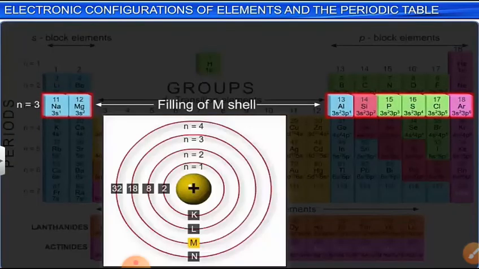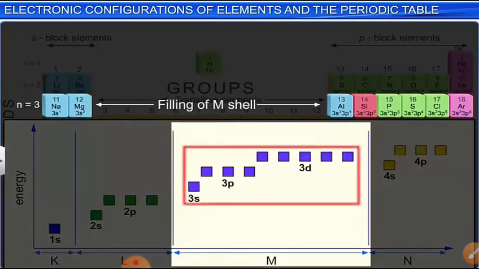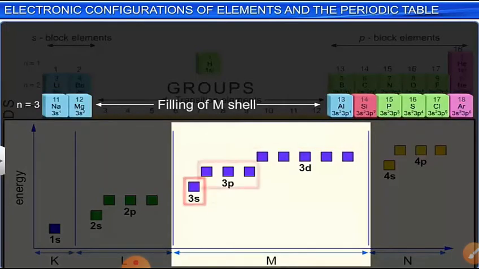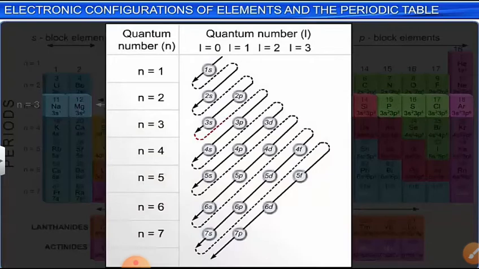In the third period, the M shell is being filled up. In the M shell, a maximum of 18 electrons can be filled, but in the modern periodic table, in the M shell we have only 8 elements, and the orbitals that are filled up are 3s and 3p, not 3d, because on the basis of the Aufbau principle, 3d will be filled only after the filling of 4s.